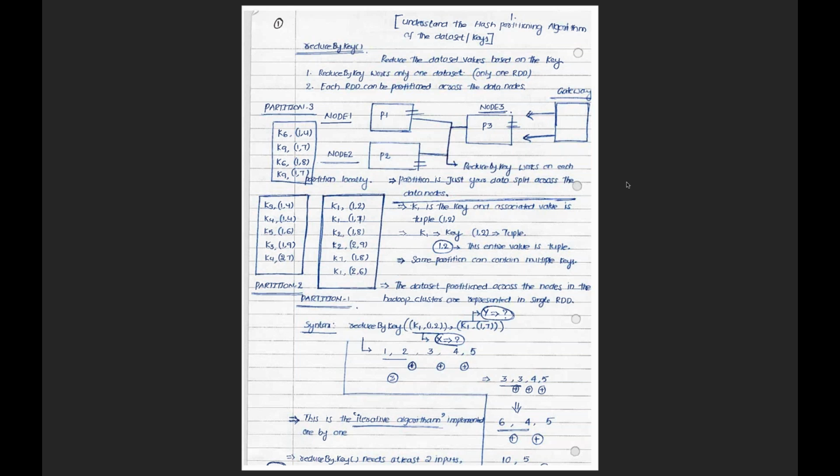Try to understand. This is one key and tuple from partition 1, this is one key and tuple from partition 3. That's how your data will be segregated, how your data will be broken into blocks, and how each block will be treated as a partition.